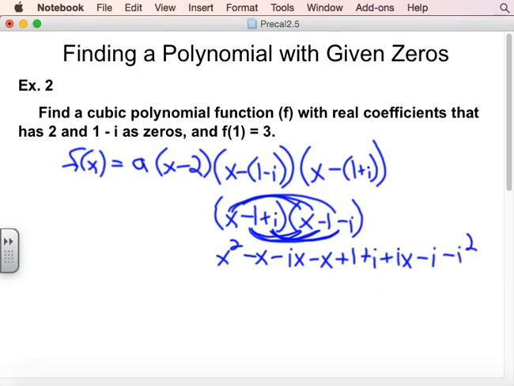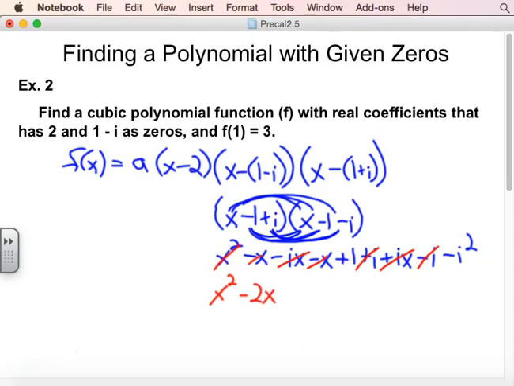Okay, let's see what's going to cancel real quick. We've got a positive ix and a minus ix, and then we've got a minus i and a positive i that are going to cancel out. Everything else should still be there, I believe. So we've got x squared, minus x and minus x give us minus 2x.